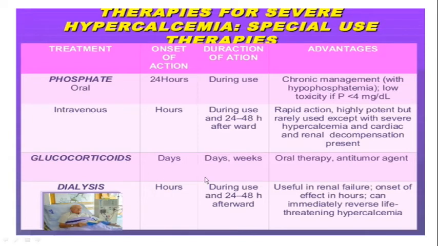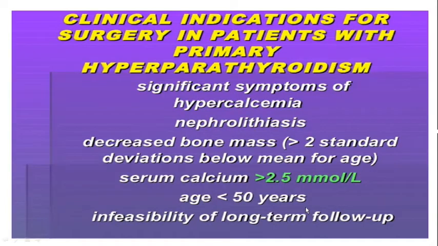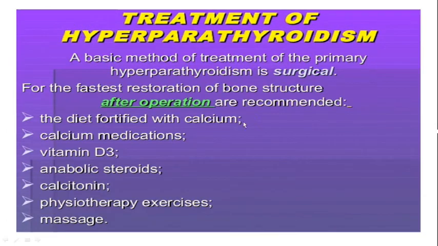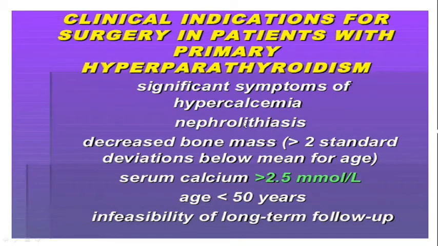Then glucocorticoids can be used, especially as an anti-tumor agent, because as I talked about, there are certain tumors, malignancies, which can lead to hyperparathyroidism. Dialysis is the treatment of choice when there is ensuing acute renal failure. Then for the treatment of primary hyperparathyroidism, especially if it's an adenoma, the treatment of choice is surgery, especially for patients who have significant hypercalcemia, nephrolithiasis, decreased bone mass, age less than 50 years, or infeasibility of long-term follow-up.